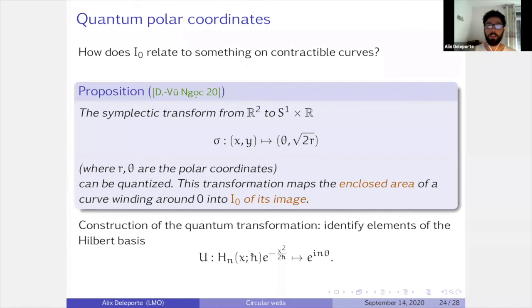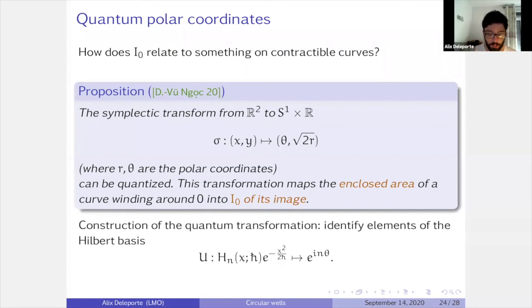The symplectic transformation precisely maps the enclosed area of a curve winding around 0 to the I naught of its image, which we defined on the previous slide. So the link between the I naught for contractible curves and the I naught for curves winding once is this polar change of coordinates.